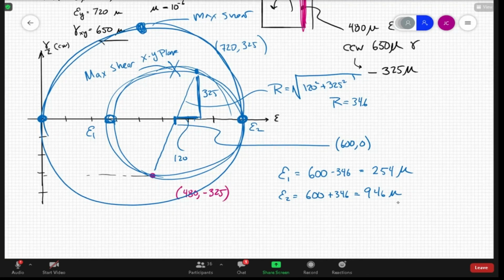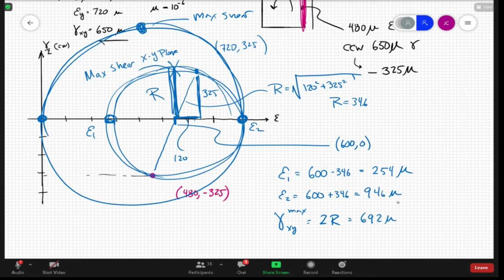All right, so if we want to get the max in plane, that's up here, right? And this distance is going to be the radius. But remember, that is the y-axis, which is gamma over 2. So it's actually 2 times the radius, or the diameter. And so that would be 692 microstrains.